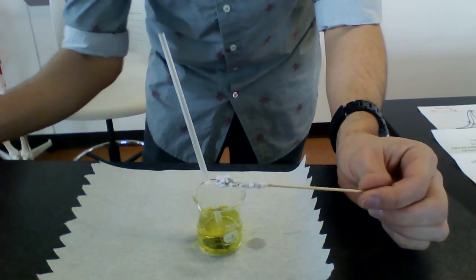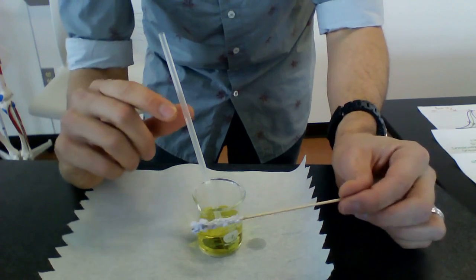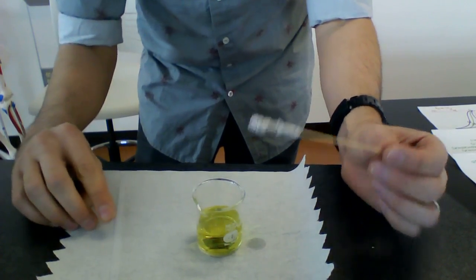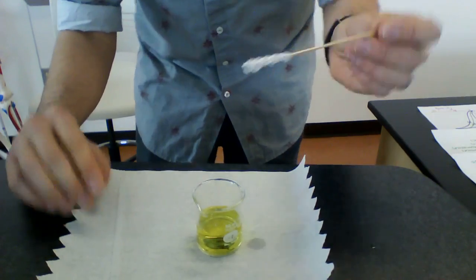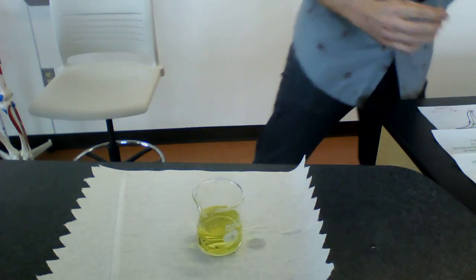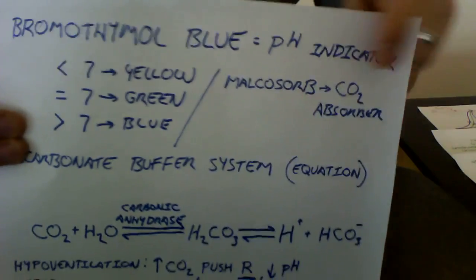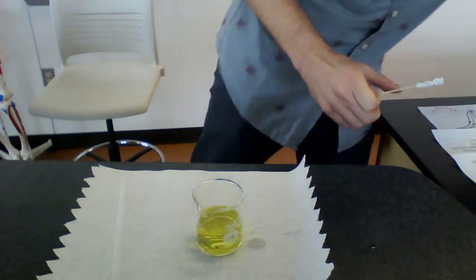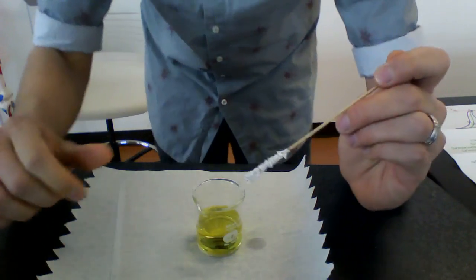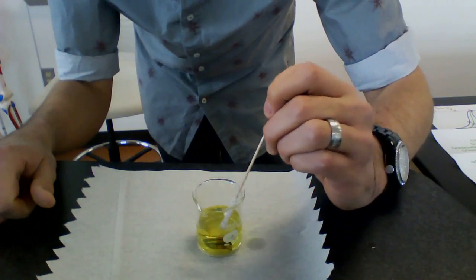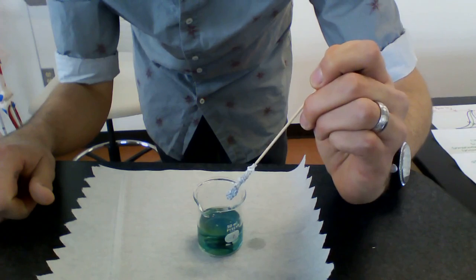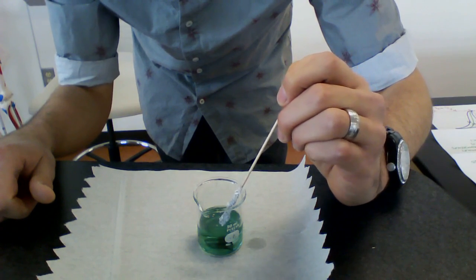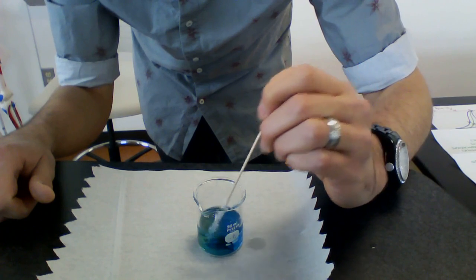And so what we can do is we can actually absorb the CO2. And so we'll do this. If you see in the notes, Malcosorb is a CO2 absorber. So we're going to take the Malcosorb, and it doesn't take much, and I can just pull a lot of that carbon dioxide out.